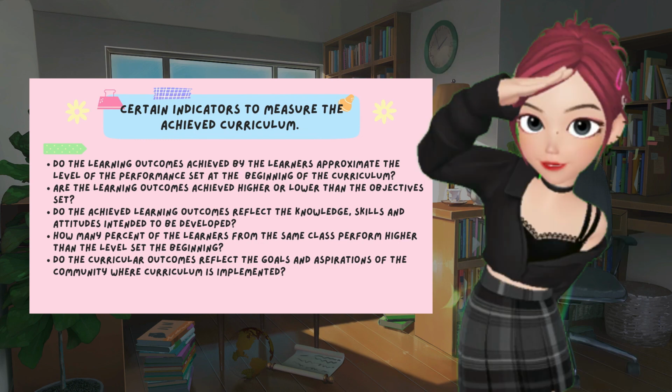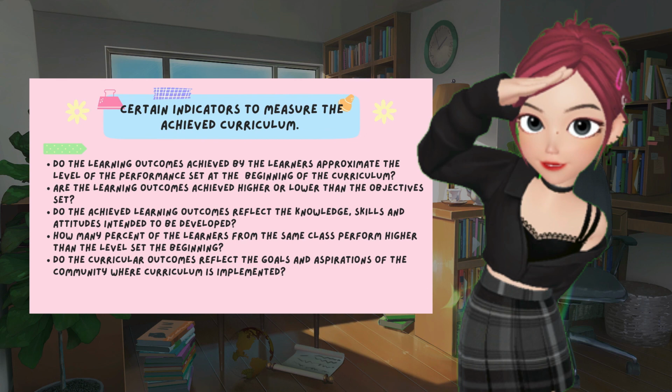First, do the learning outcomes achieved by the learners approximate the level of the performance set at the beginning of the curriculum? Next, are the learning outcomes achieved higher or lower than the objectives set? Do the achieved learning outcomes reflect the knowledge, skills, and attitudes intended to be developed?